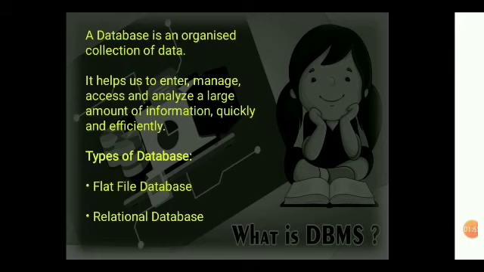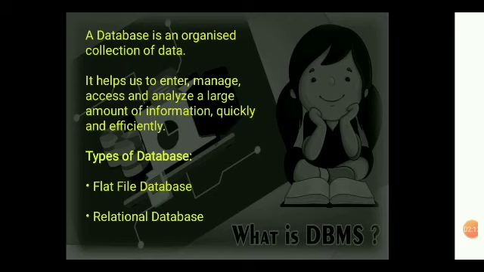Next is types of database. There are mainly two types of database, flat file database and relational database. A flat file database refers to the data files that contain records which have a small fixed number of fields without any structured relationship.